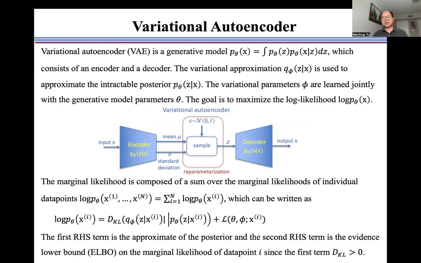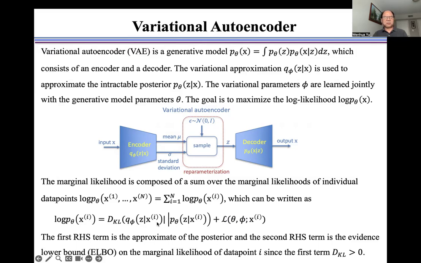The goal is to maximize the log likelihood here. The marginal likelihood is composed of a sum over the marginal likelihoods of the individual data points, which can be written as here.